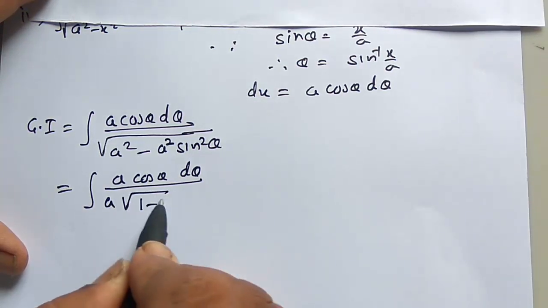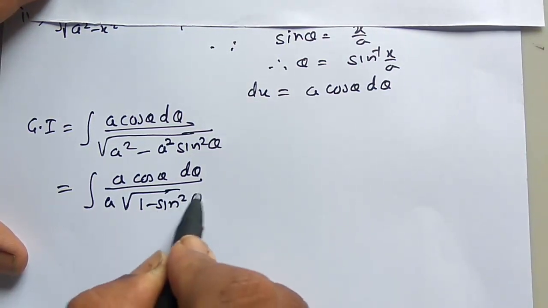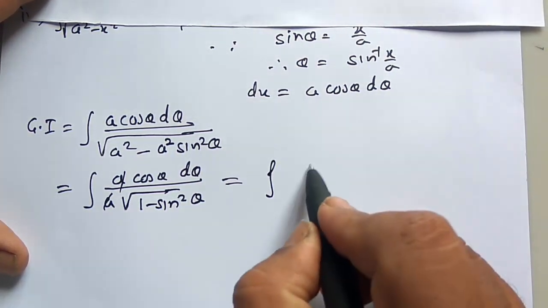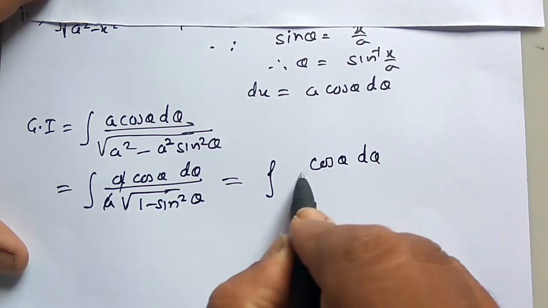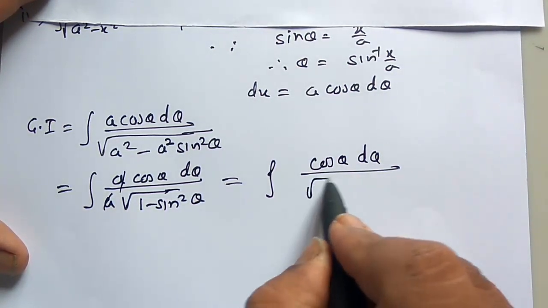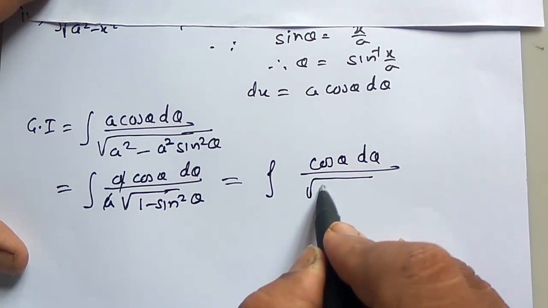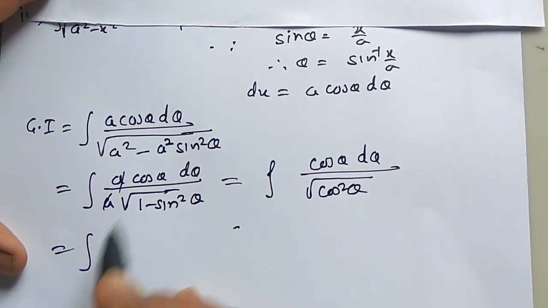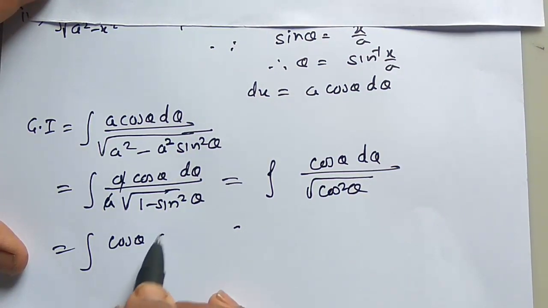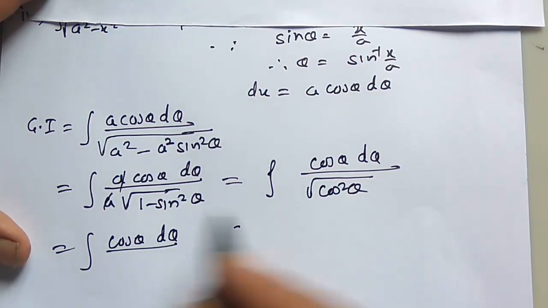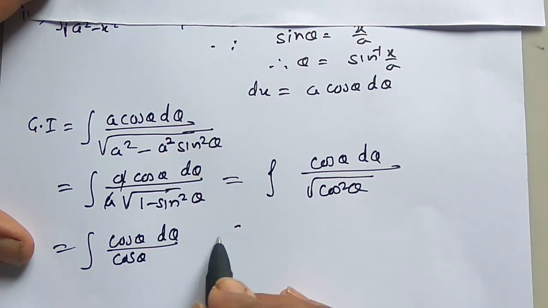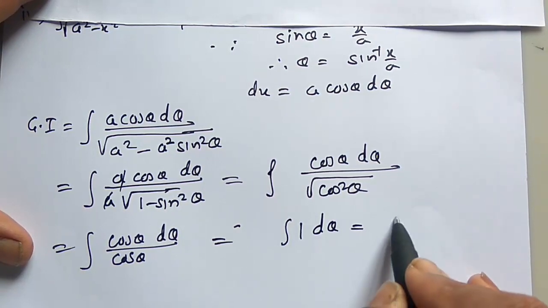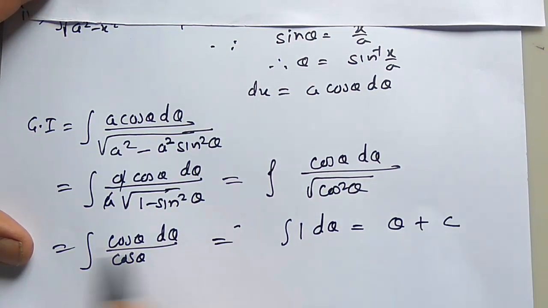So it is 1 minus sin square theta, a gets cancelled, integration of cos theta d theta upon under root of 1 minus sin square theta, which is cos square theta by identity. So this is equal to integration of cos theta d theta, under root of cos square theta is cos theta. So this is equal to only 1 d theta. So it is equal to theta plus some constant.